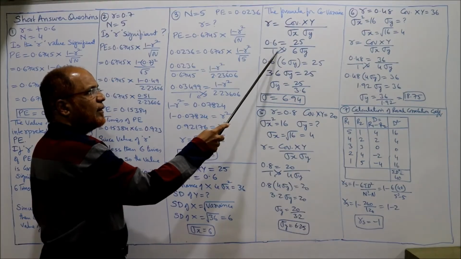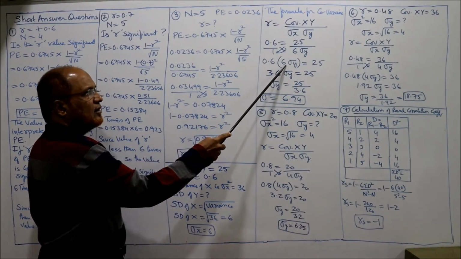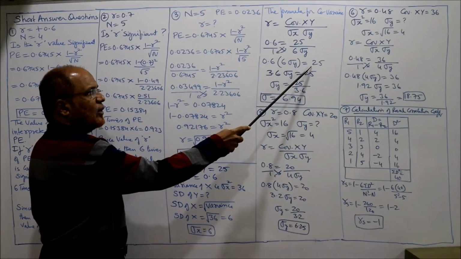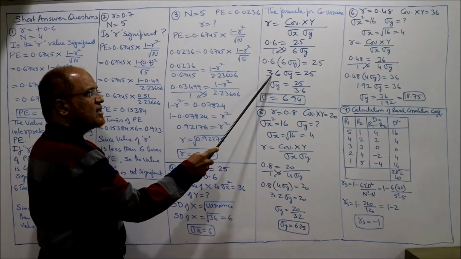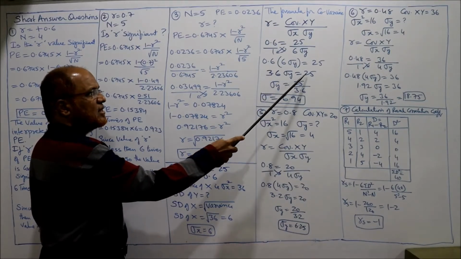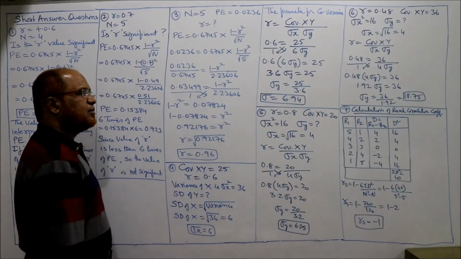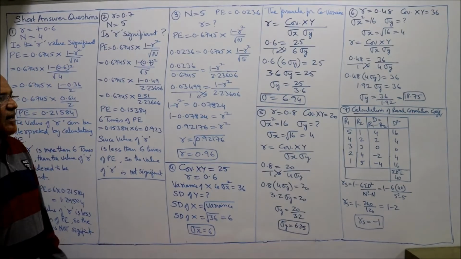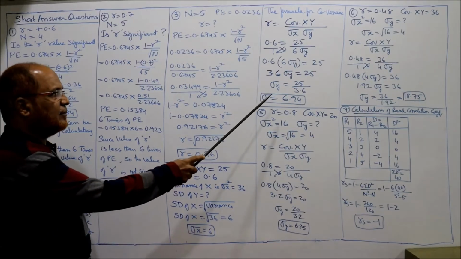Now cross multiply. 0.6 into 6 sigma Y is equal to 25 into 1, 25. So 0.6 into 6 is 3.6. So 3.6 sigma Y is equal to 25. Sigma Y is equal to 25 by 3.6, you get 6.94. So the standard deviation of Y is 6.94.